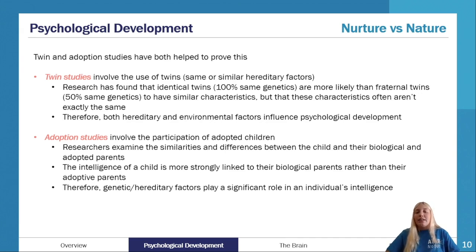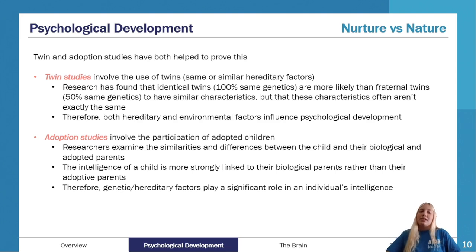The research found that identical twins, which have 100% the same genetics and thus are identical, were more likely than fraternal twins, known as non-identical twins with 50% of the same genetics, to have similar characteristics, but that these characteristics often weren't exactly the same. So even identical twins, despite being similar in a lot of ways, weren't exactly the same, which shows that it is the combination of hereditary and environmental factors together influencing psychological development. Otherwise, the twins would be exactly the same if we were on the nature side of the argument.